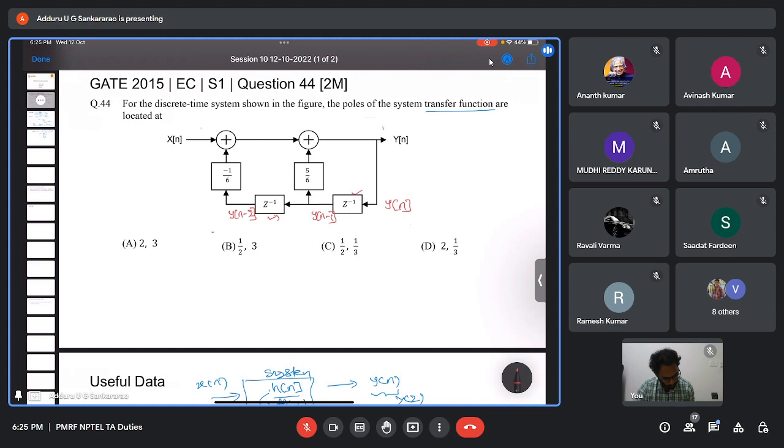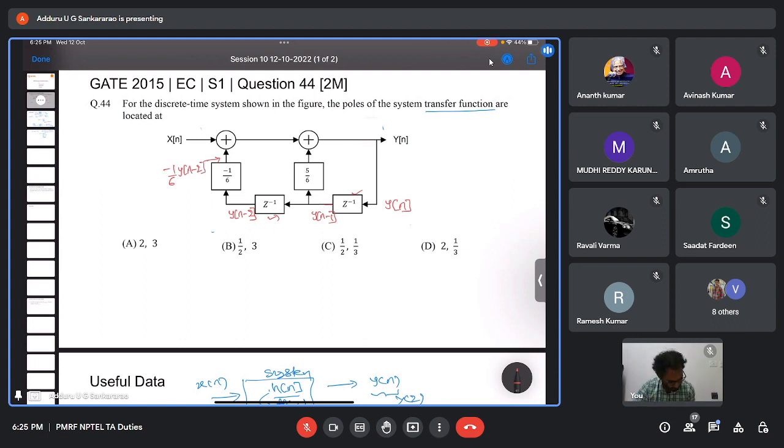Now what is the output of this block here? Minus 1 by 6 is a constant, so it will be multiplied with minus 1 by 6. So minus 1 by 6 into y of n minus 2 is the output of this block.